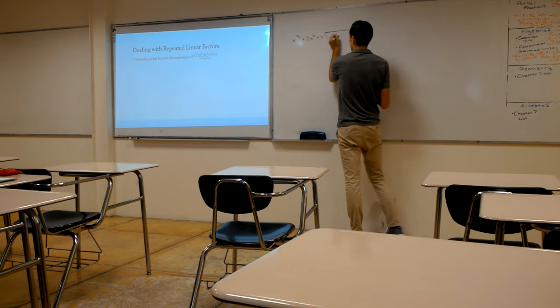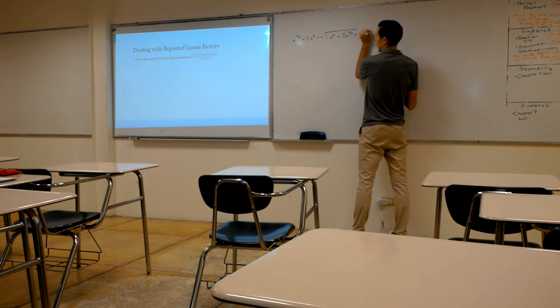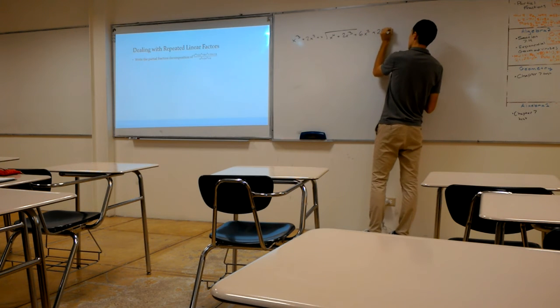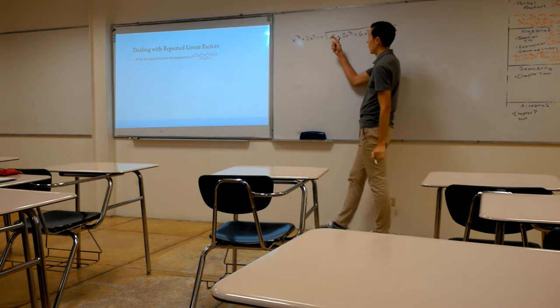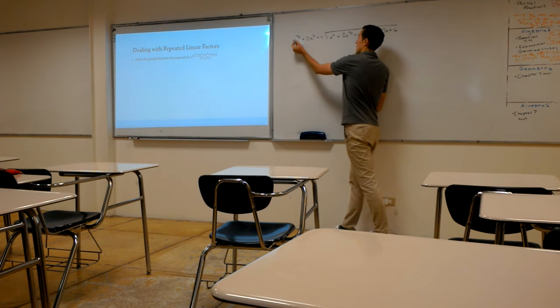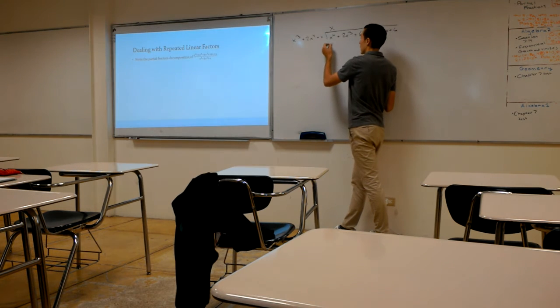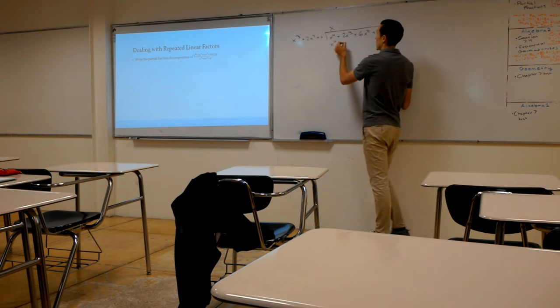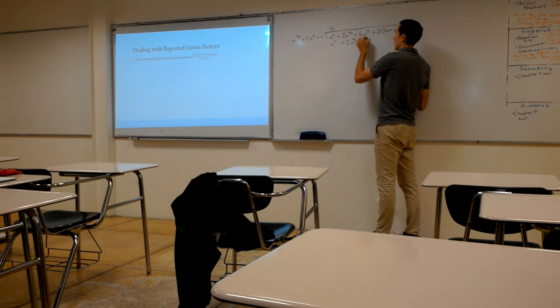X to the fourth plus 2x cubed plus 6x squared plus 20x plus x. Alright. What times x cubed equals x to the fourth? X. Now we multiply, so we go x to the fourth plus 2x cubed plus x squared.